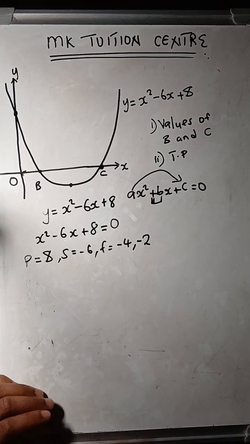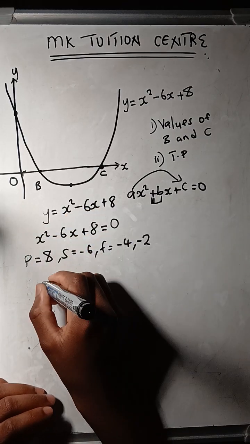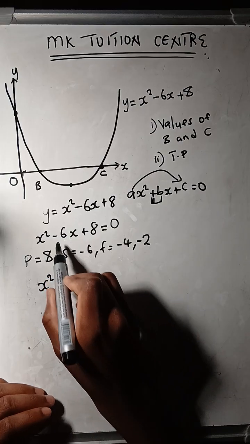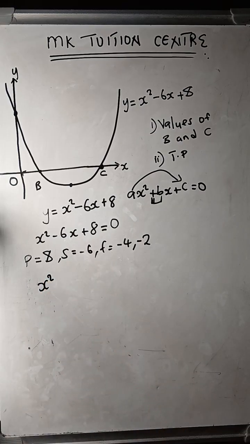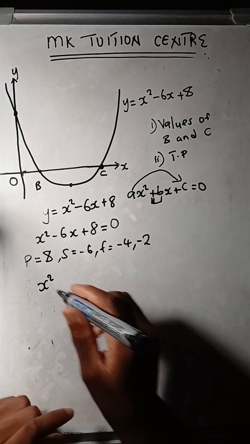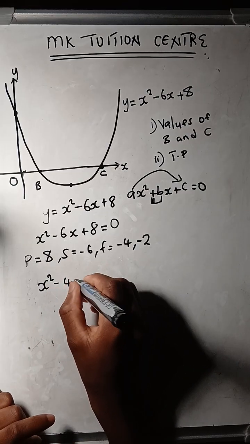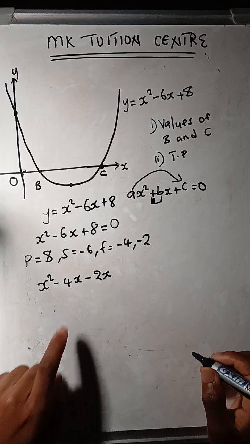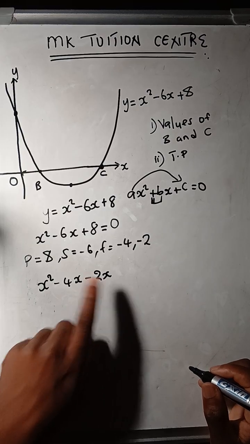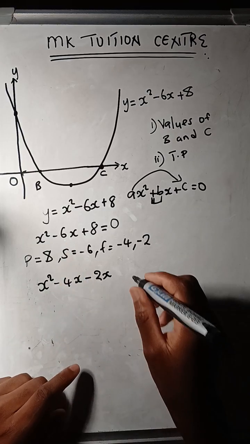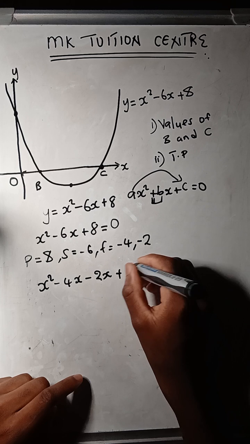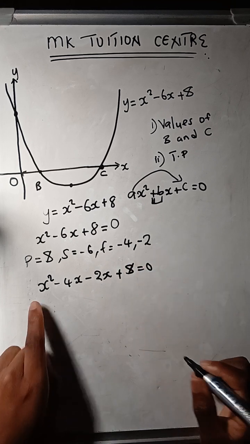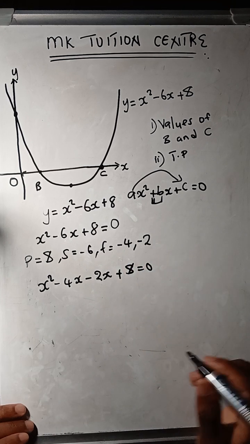We proceed. So we're going to have this equation x squared. Now, where there was negative 6, we're going to split it using the factors. So we're going to have negative 4x and negative 2x. Negative 4x minus 2x will take us back to negative 6x. And we bring down this 8. Now, at this stage, you can factorize.